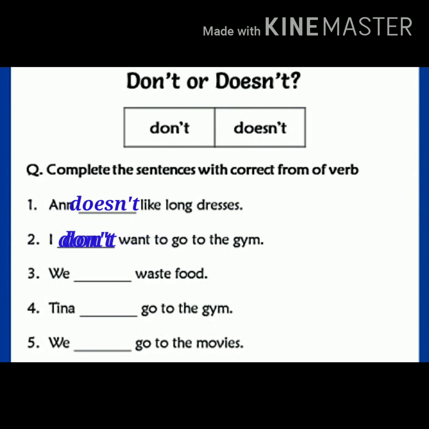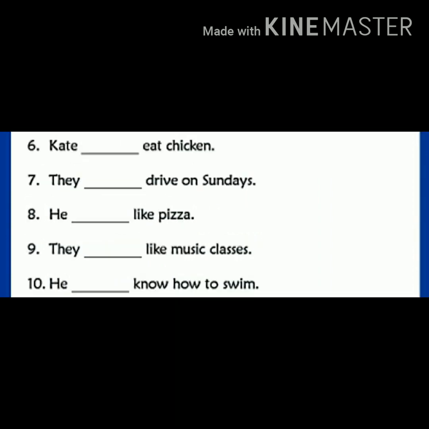I dash want to go to the gym. I don't want to go to the gym. We don't waste food. Fourth one, Tina doesn't go to the gym. Fifth one, we don't go to the movies.